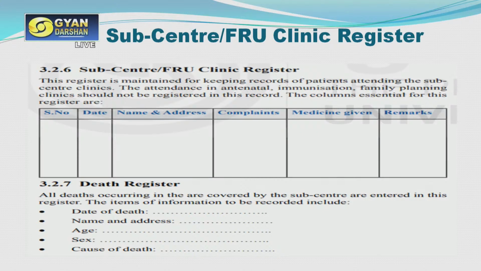The antenatal mothers, the children who have come for immunization, and family planning services should be recorded separately, but the sub-center register will have the record of the patients who are coming with some health related problem, because antenatal and immunization are routine activities which have specified days. Today is the immunization day, so the whole immunization will be recorded there.